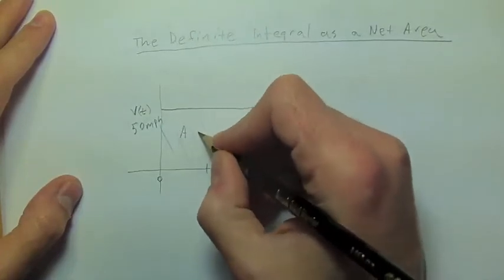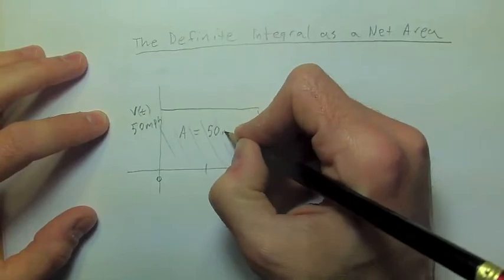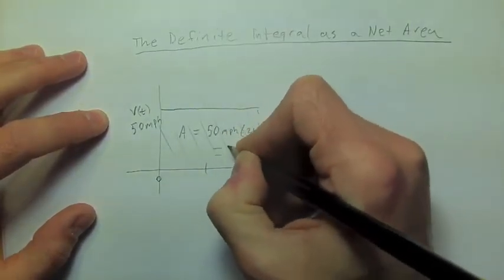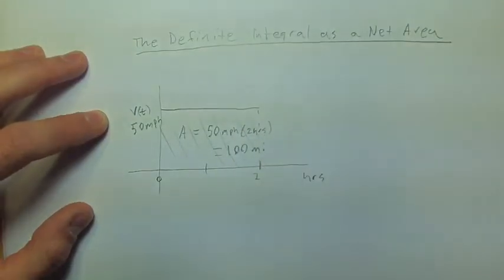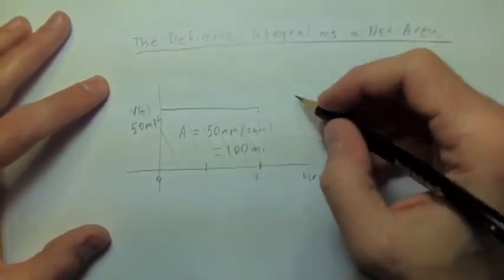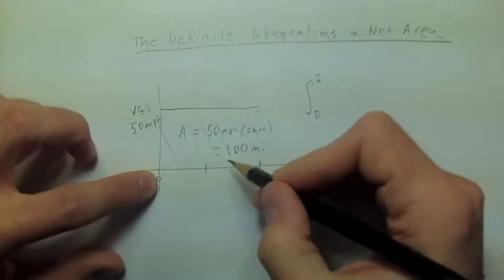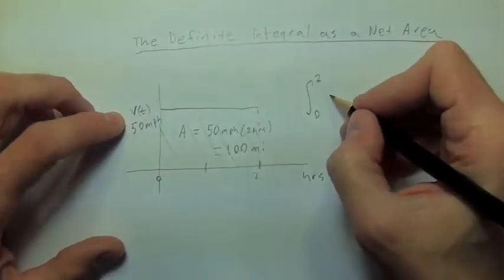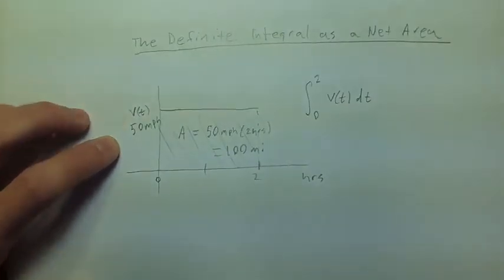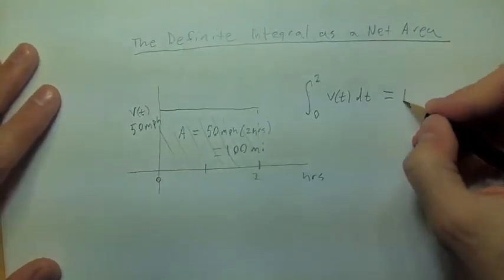So I know the net area is going to be 50 times 2, so that's 50 miles per hour times 2 hours, which is 100 miles. So what I'm basically saying with it being the area, as a simple example, is that the definite integral from 0 to 2 of v of t is 100.